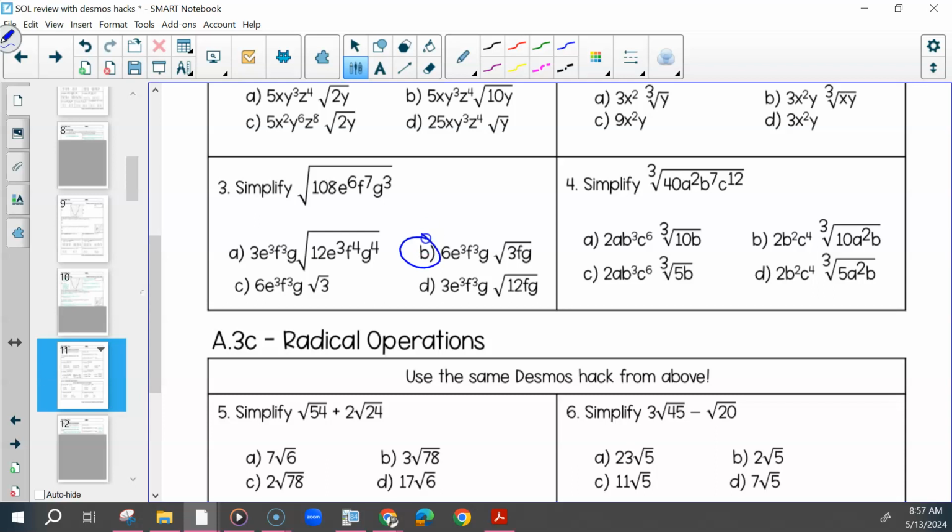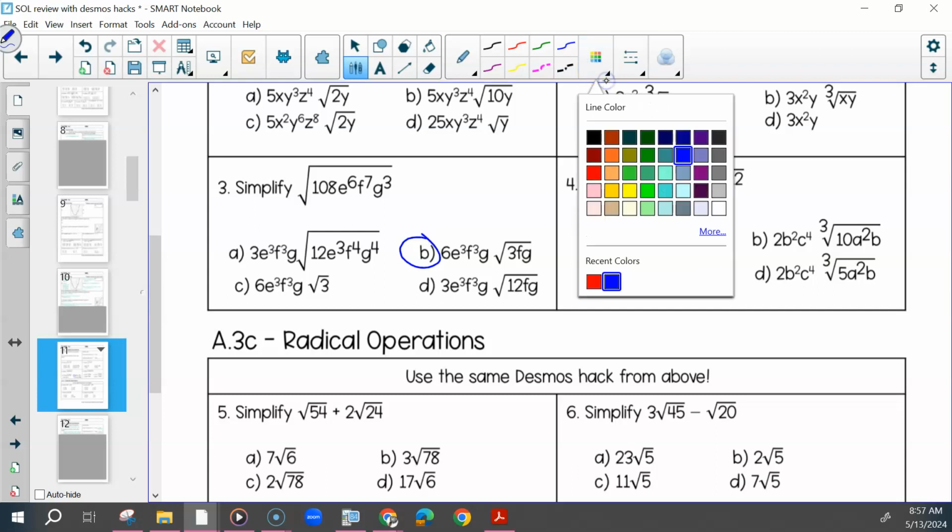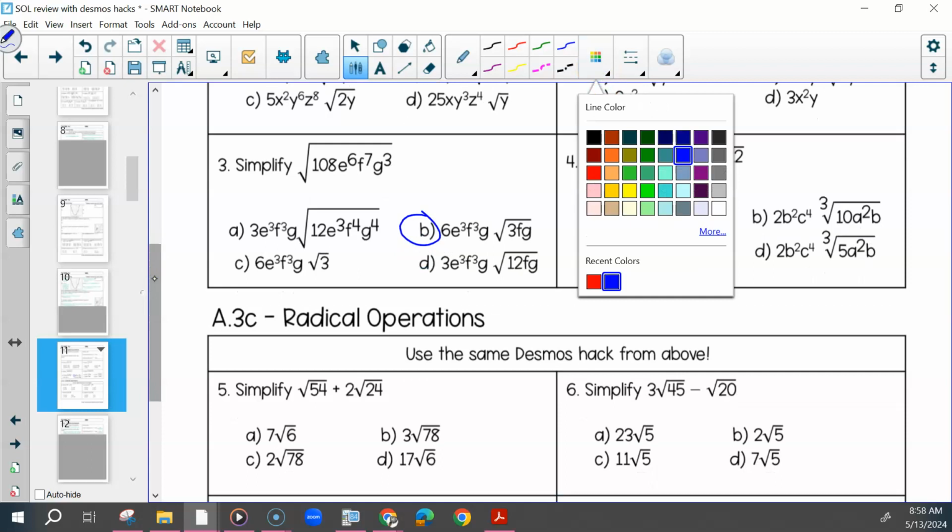Before we do 4, do we want to see that one done by hand? Yeah. Okay. So using whatever method you want to do, I'm just going to go perfect squares and pairs. We need to find the highest perfect square that goes into 108.